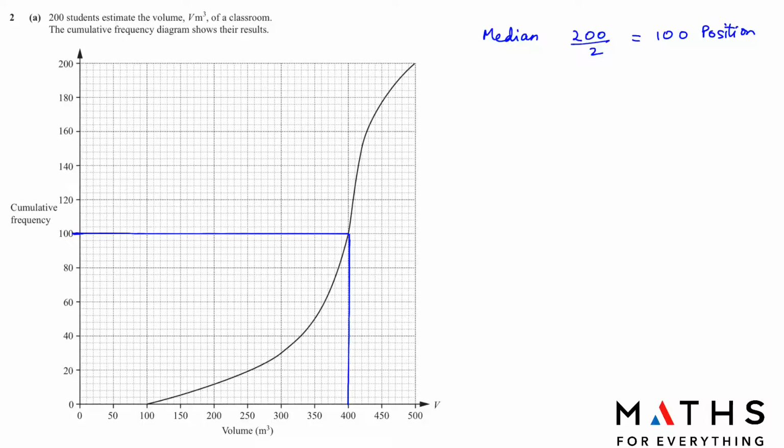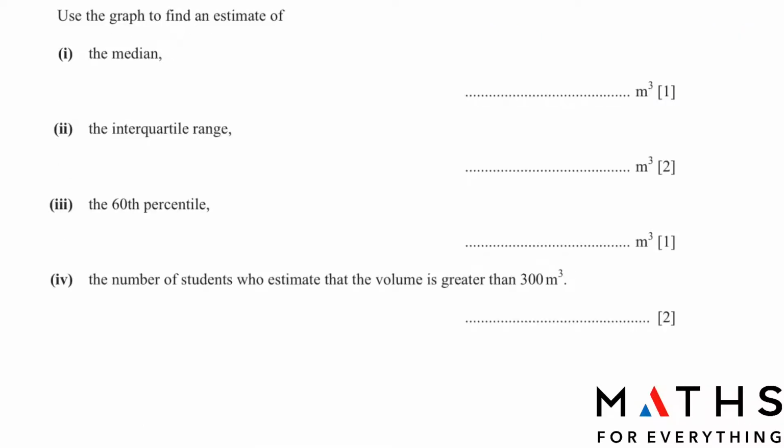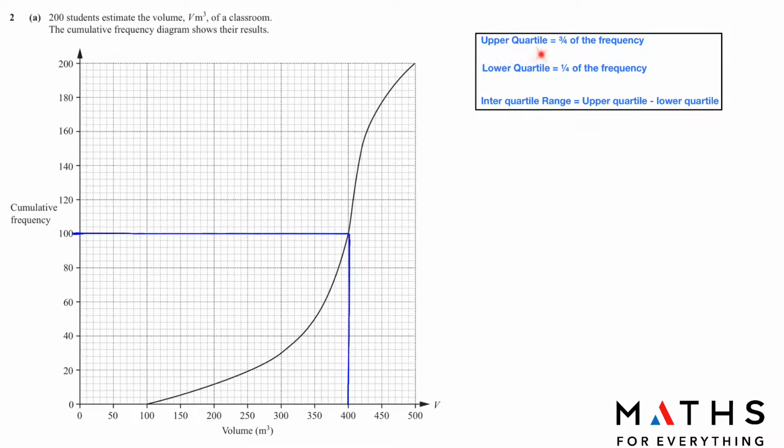That is your median. Now next, we have to find the interquartile range. For the interquartile range, we need to find the upper quartile, which is 3/4 of the frequency, the lower quartile, which is 1/4 of the frequency, and then subtract them.